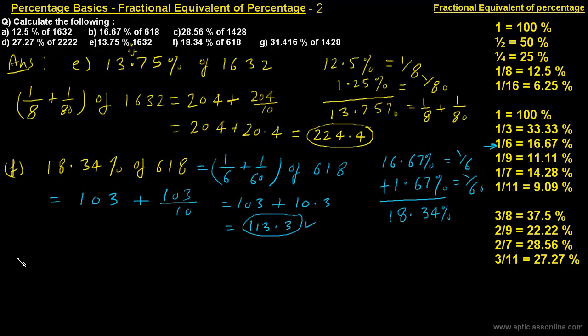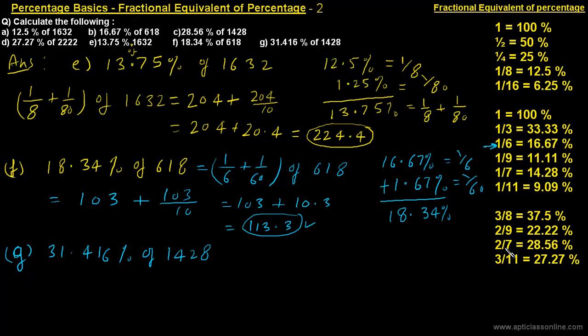Let's approach the third question, part G: 31.416% of 1428. Even if you look at this value 1428, your mind will click that the denominator of the fraction must be 7, then only this will be fully divisible.